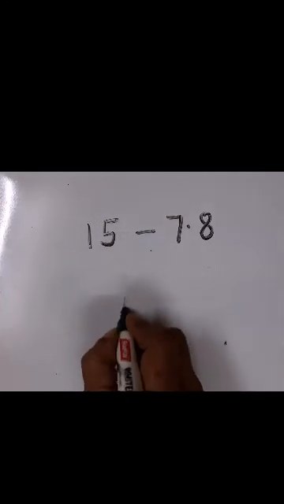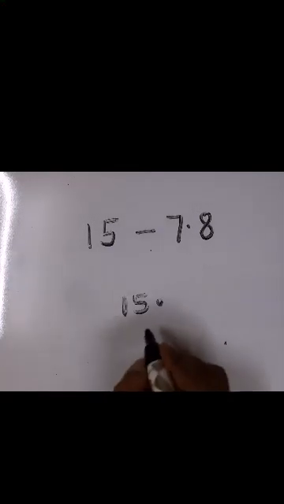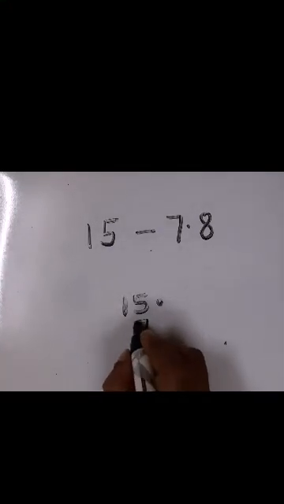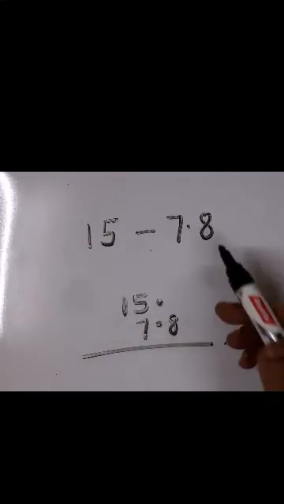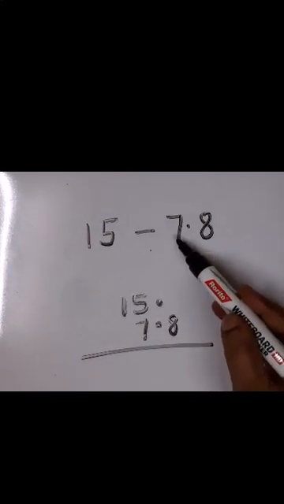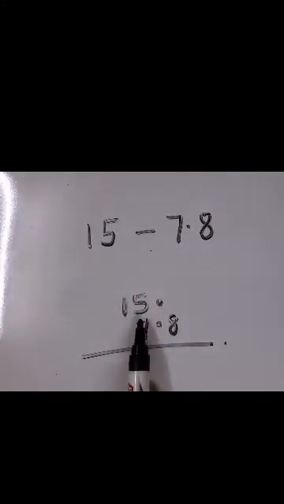I don't have anything here, okay? So it's 15. So this will be my decimal here, but there's nothing over here. Now 7.8, children, where will I put the 7.8? See, 7 will be here, okay? 0.8. Children, because the place value of 7 over here is units. Over here, 5 is in the units place, okay?